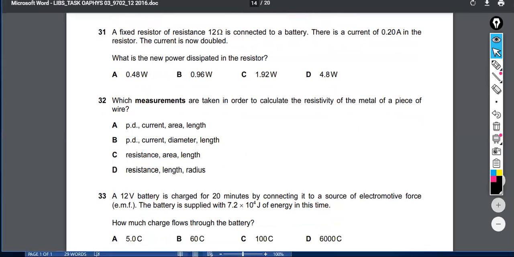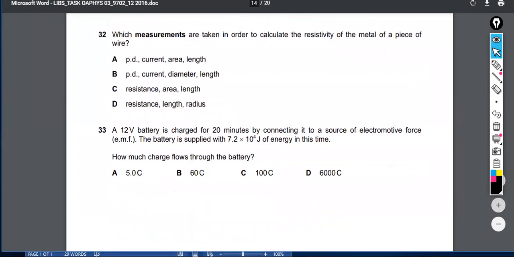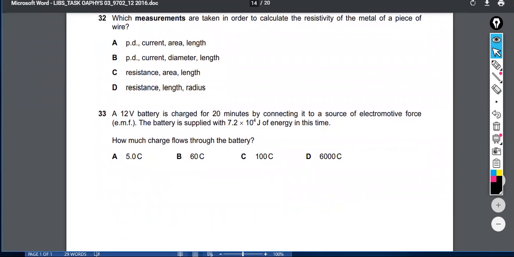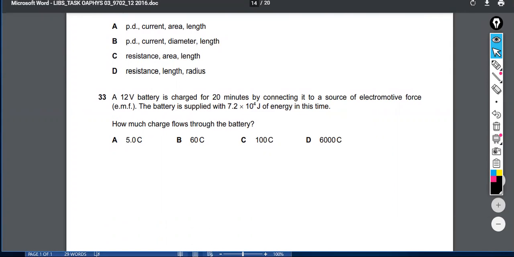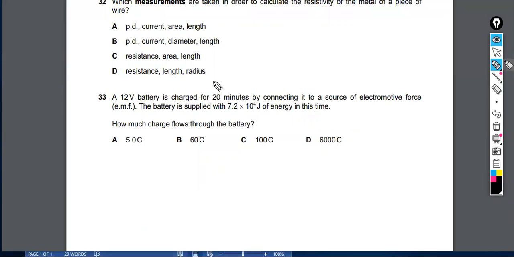Question 33 reads, a 12-volt battery is charged for 20 minutes by connecting it to a source of EMF. The battery is supplied with 7.2 by 10 to the 4 joules of energy in this time. How much charge flows through the battery? 12-volt battery, charge for t equals 1200 seconds or 20 minutes.